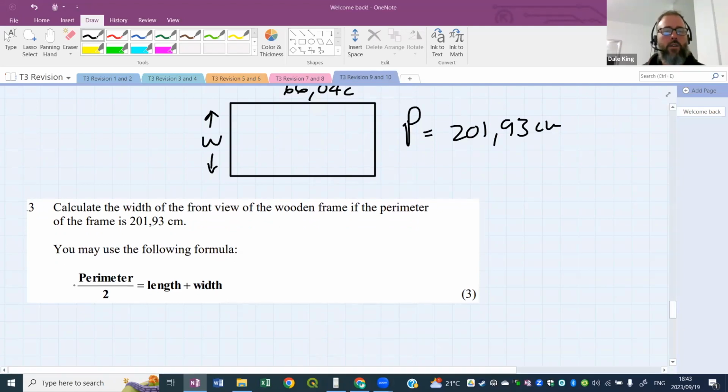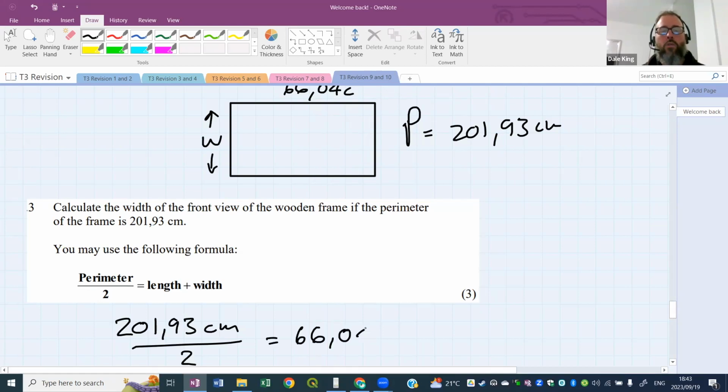So perimeter goes in the top of the formula. 201,93, they gave us the perimeter. So I'm putting it into the formula at perimeter, and I have to divide it by 2. And this is equal to length. I've got a length, it's 66,04 centimeters, plus width.